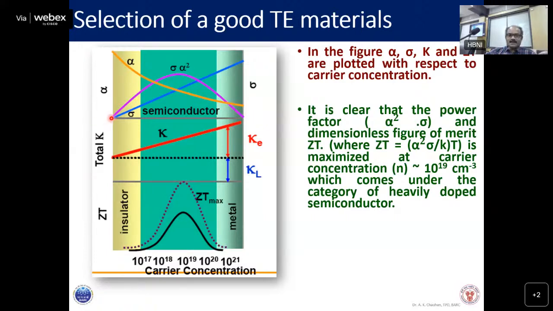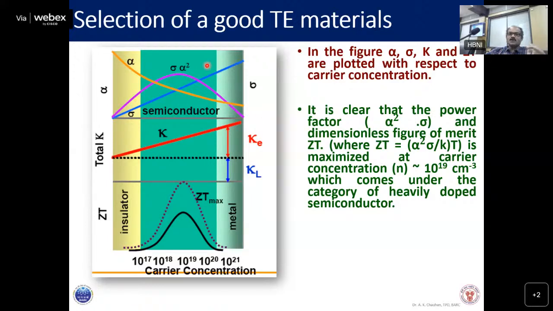And the electrical conductivity, obviously, if more carriers are there, will increase. So this will also be following this path. So sigma is this, alpha is this.